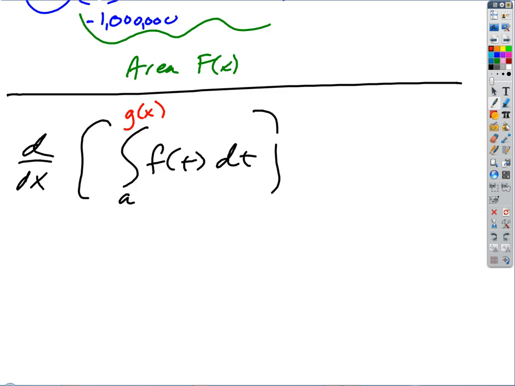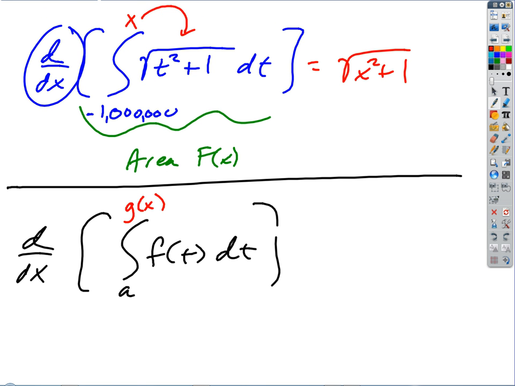Now, what that's saying is that instead of adding up the area under this curve and finding that as a function of this variable stopping point x, we're going to have the stopping point itself be a function of x. So for example, what if it were the function x squared? As x doubles, what's that doing to the stopping point?